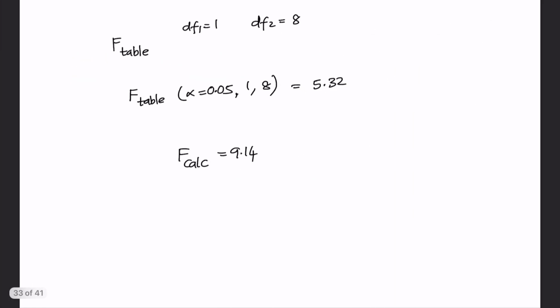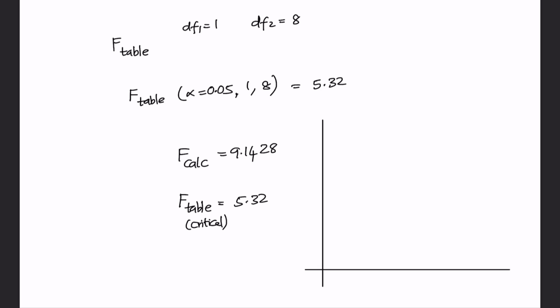Now the calculated value of F here is 9.1428, and the table value that we have is 5.32. Remember that the table value represents the critical value. If you draw an F distribution right now, this is an F distribution, and this is the critical value right here.